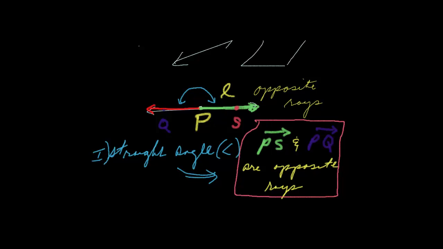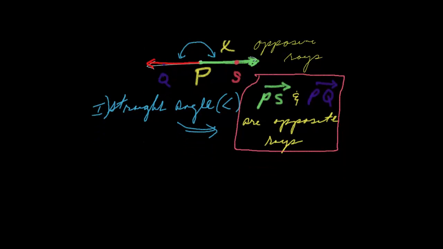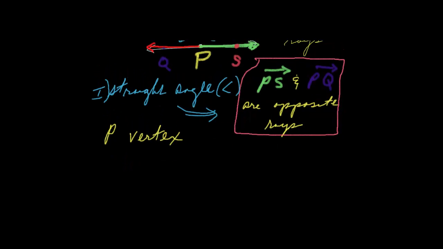In geometry, if you have a straight angle, this point P would be the vertex. Point P is your vertex, and that vertex would be the middle point of the angle.